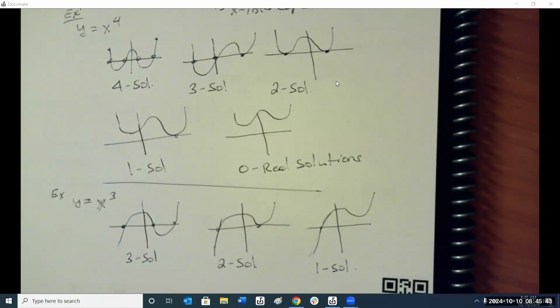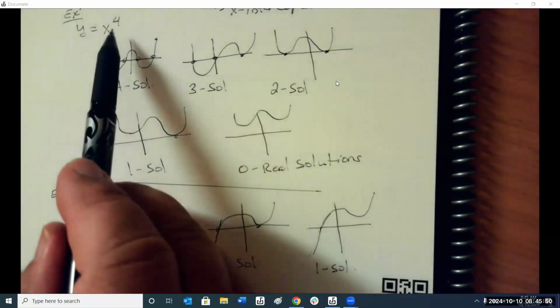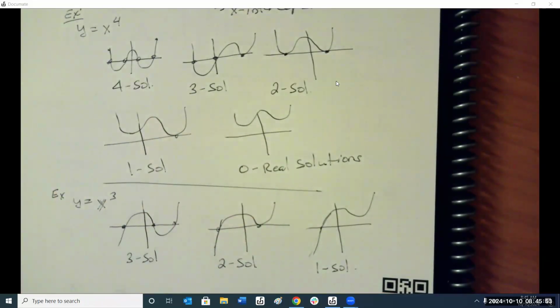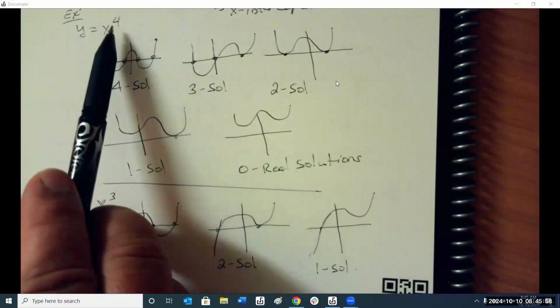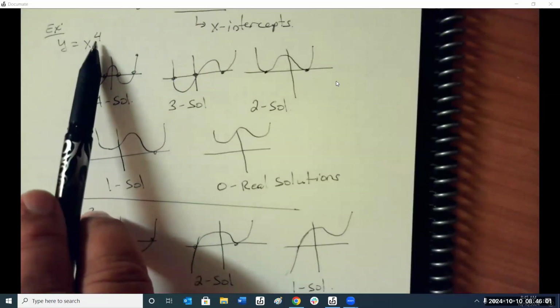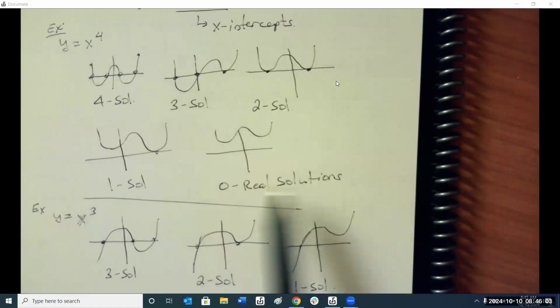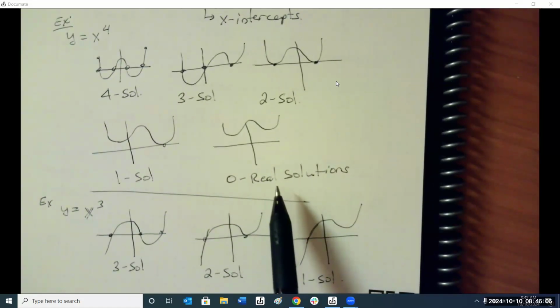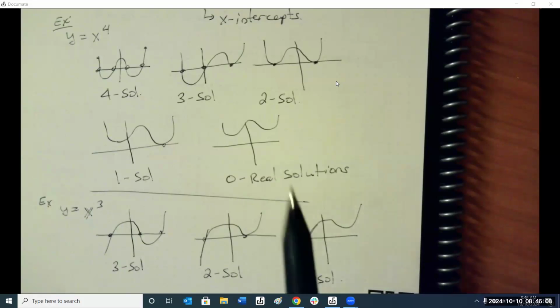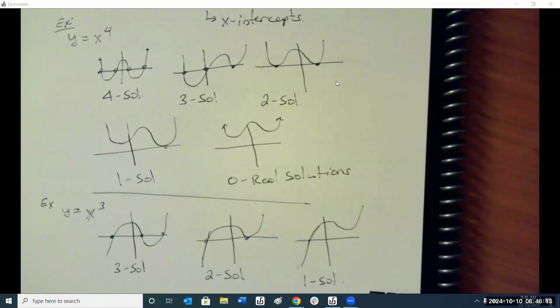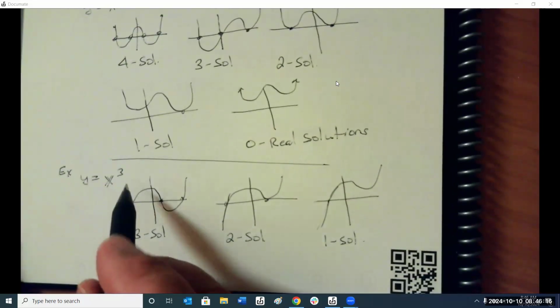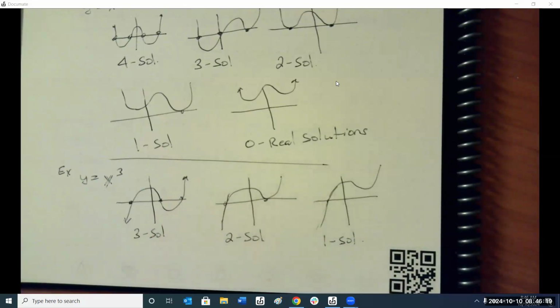What should be apparent now is that depending on the degree, it tells us that we have maximum 4 and maximum 3, but the minimum number, if it's an even degree, you can have no real solutions because both ends point the same direction. In an odd degree, both ends point different directions.